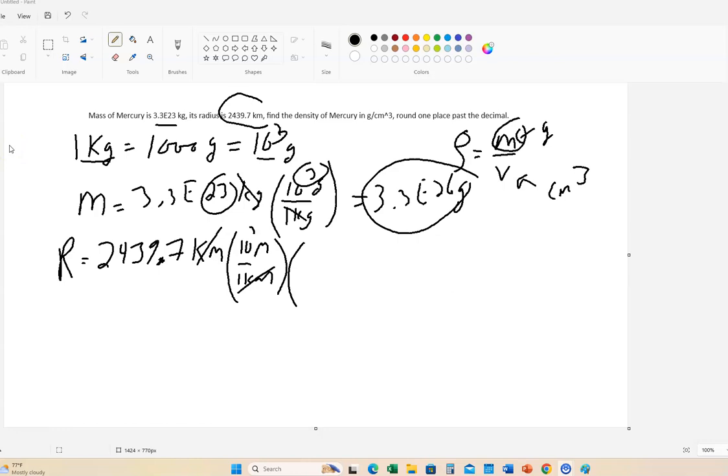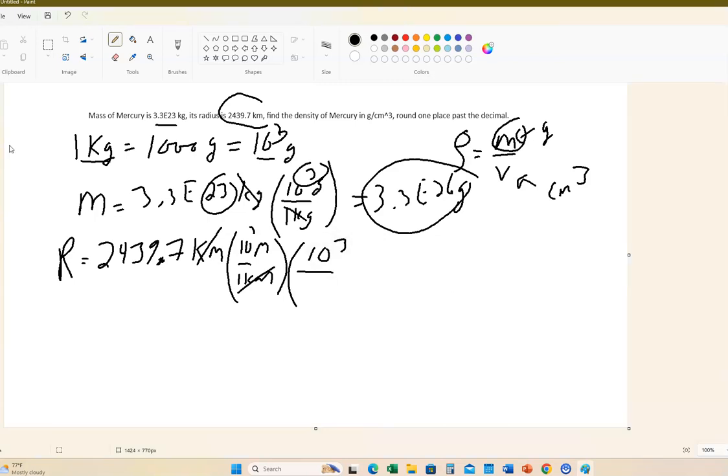That's meters, and then we know that there are 100 centimeters, which can also be written as 10 to the second centimeters in 1 meter.